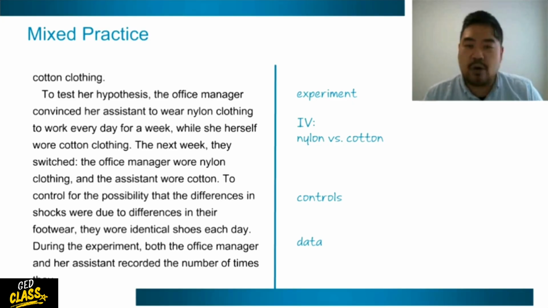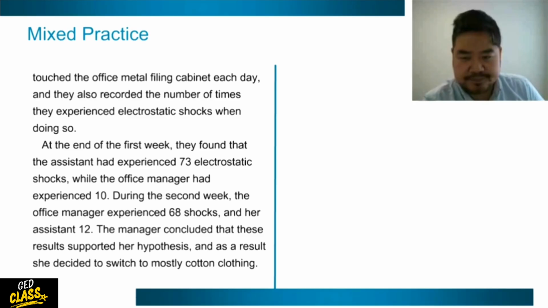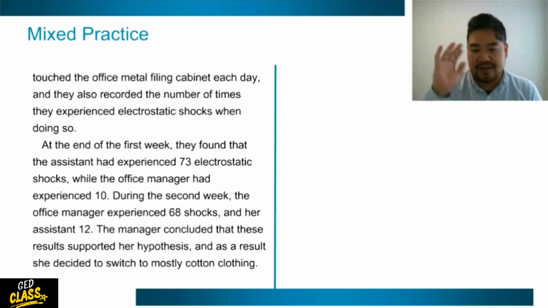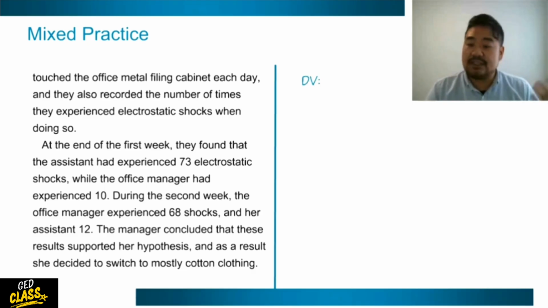Just simply recording the number of times they got shocked is going to be the data. They also recorded the number of times they touched the filing cabinet and the number of shocks that they received. So notice here, our dependent variable, what's going to change because of the different types of clothing? The number of shocks, how often they get shocked.